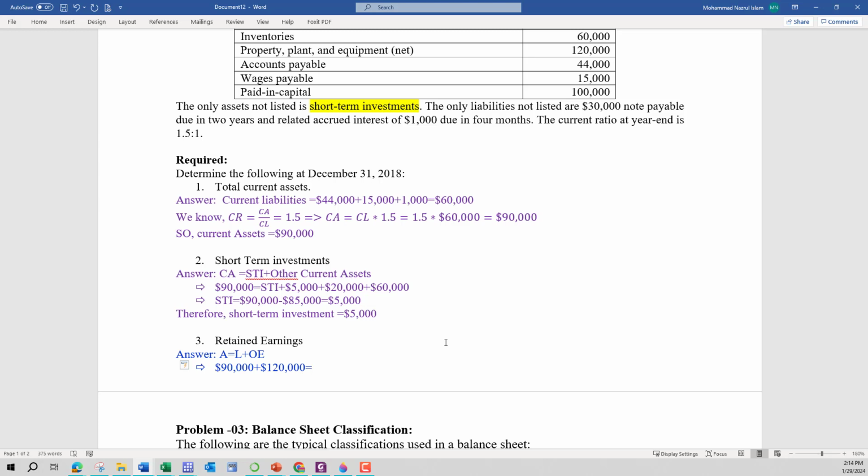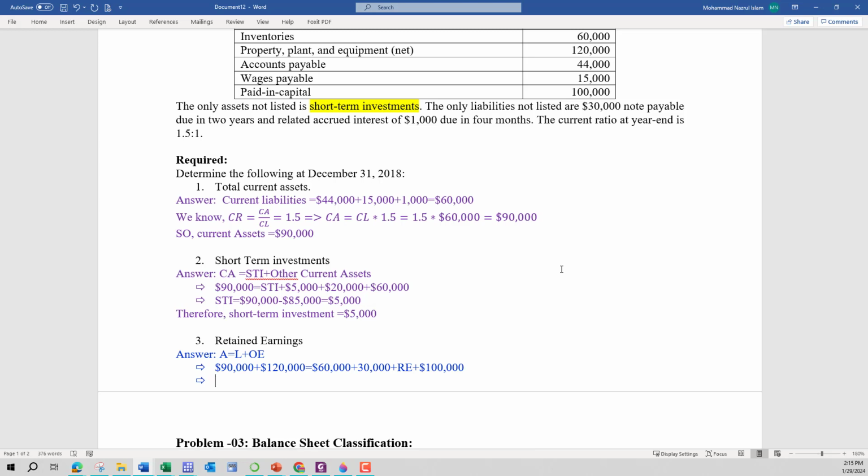And the liabilities: we have current liabilities of 60,000, which we have calculated, and then we have a 30,000 note payable that is due in 2 years, so long term. Plus we know the retained earnings, plus the owner's equity, meaning the paid-in capital, is 100,000.